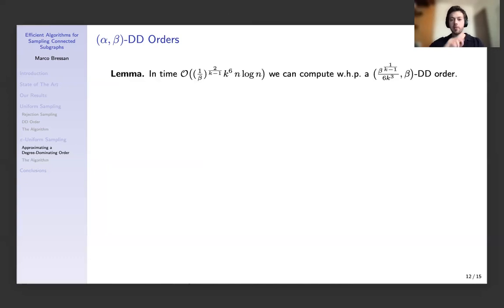Now, the first lemma that I put forward is that we can compute an alpha beta degree dominating order efficiently. Don't get scared by these quantities; they are the ones that I plug in the final result. But the message here is that this time is basically the preprocessing time of the epsilon uniform sampling algorithm, only replacing beta with epsilon over 2.